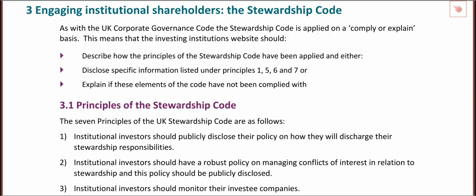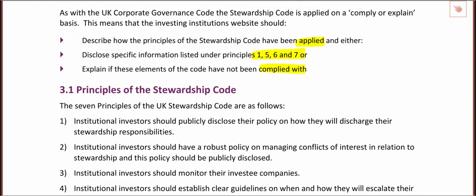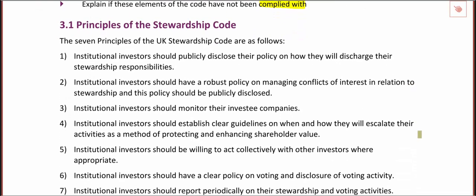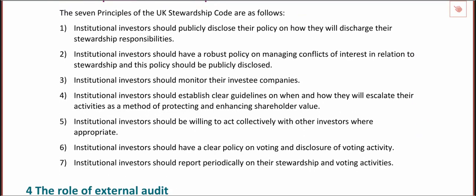Institutional shareholders, or the institutions that are investing the money on people's behalf, should describe how the principles have been applied, and then either disclose the specific information required under 1, 5, 6 and 7 principles, or explain if these elements have not been complied with. So again, you provide information, or you explain why that's not been complied with. And we have those principles of the Stewardship Code underneath here. So there are 7.